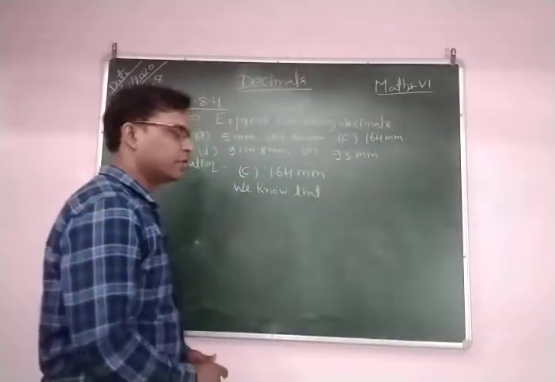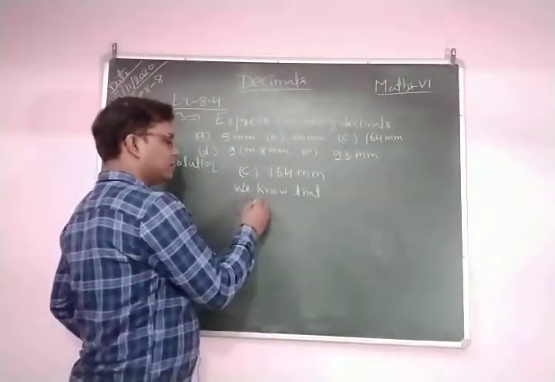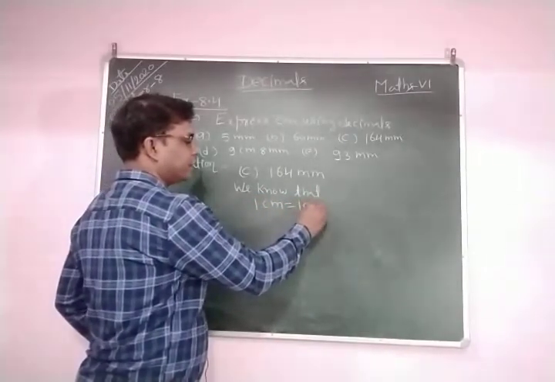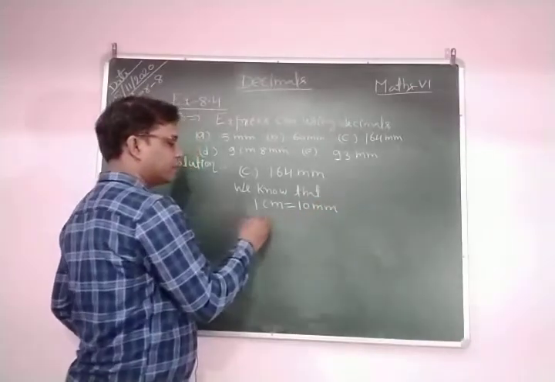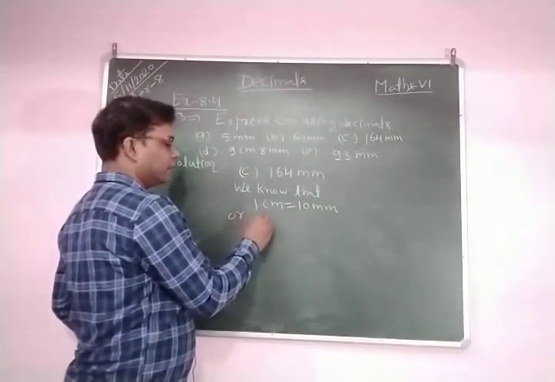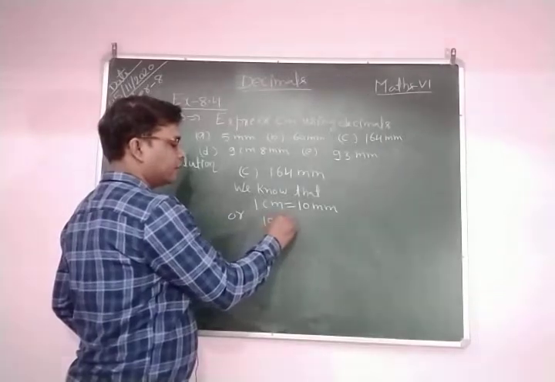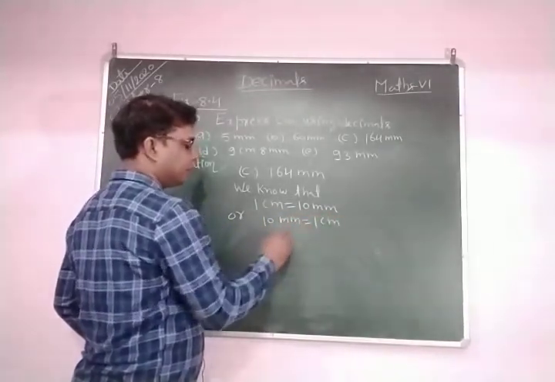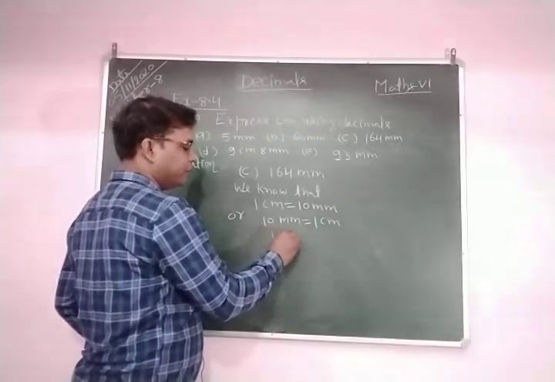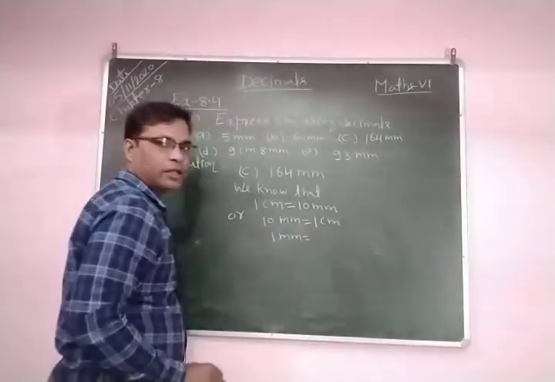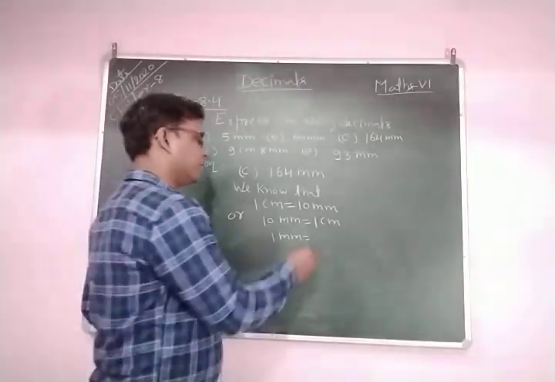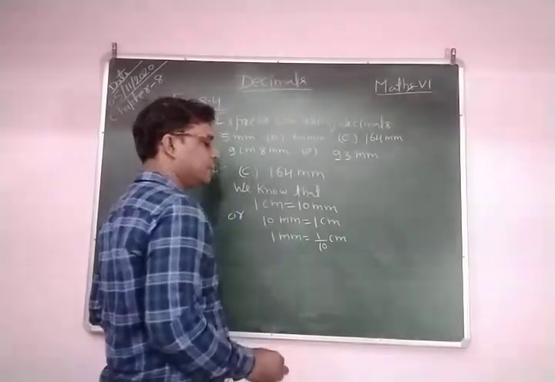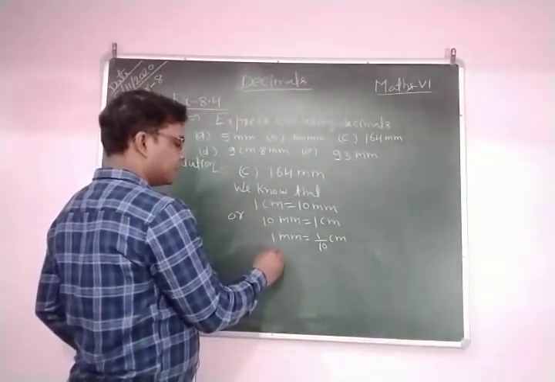So 1 centimeter is equal to 10 millimeters, or 10 millimeters is equal to 1 centimeter, or 1 millimeter is equal to 1 upon 10 centimeter.